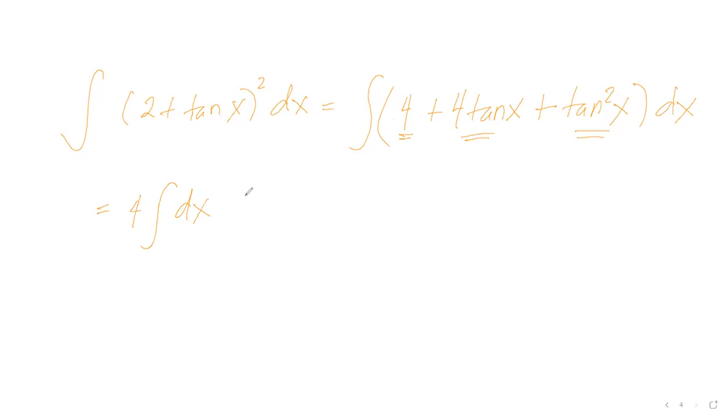This one, just like what we did a while ago, you will have 4 integral of, I'll change the tangent to sine of x over cosine of x, dx. So you would see what it yields. The last one is the integral of tangent squared. What am I going to do with this?